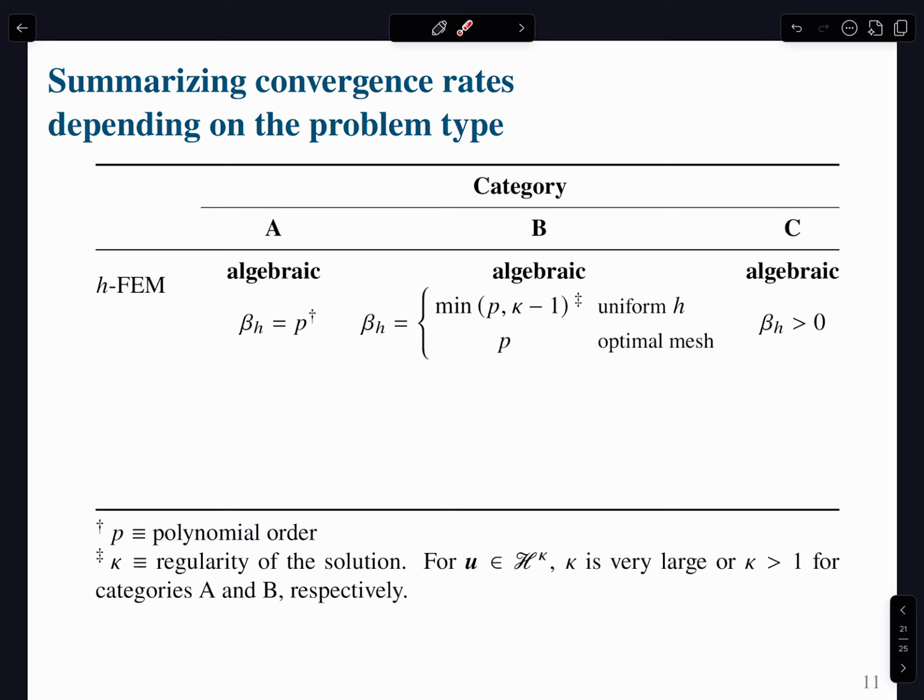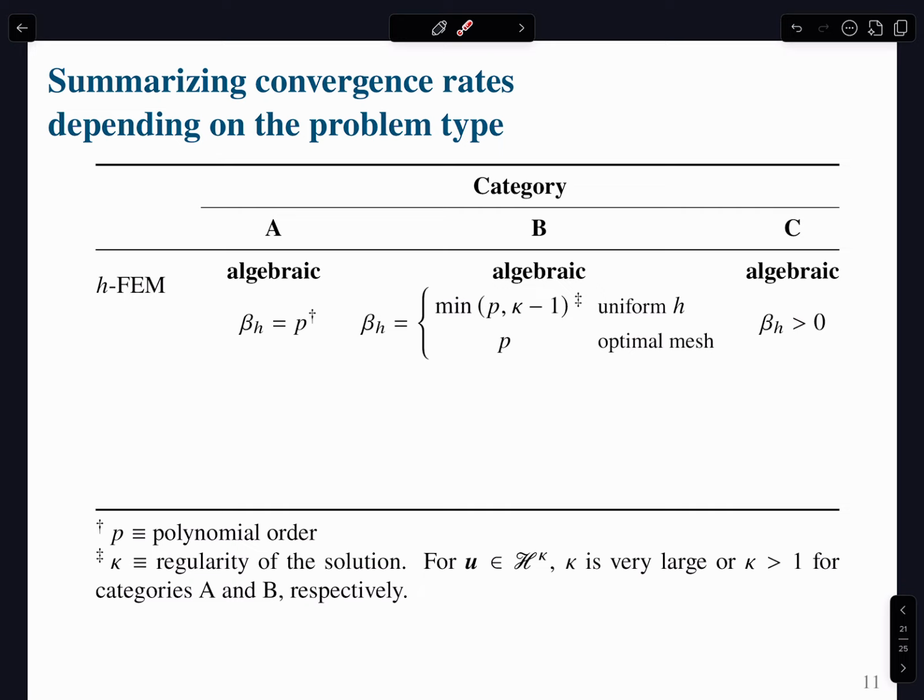That is optimal convergence. But if you just use a uniform mesh, you don't get 0.5. You get half of that, and that is because we have a crack. And this guy, k, the regularity of the solution, is going to dominate the convergence rate.